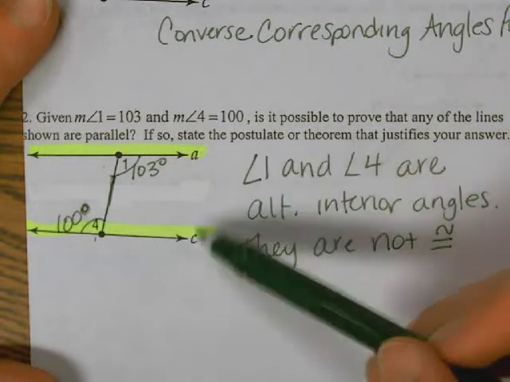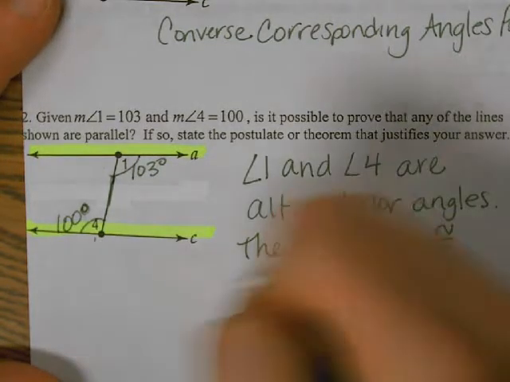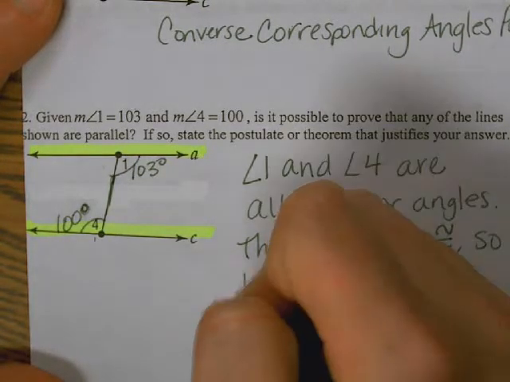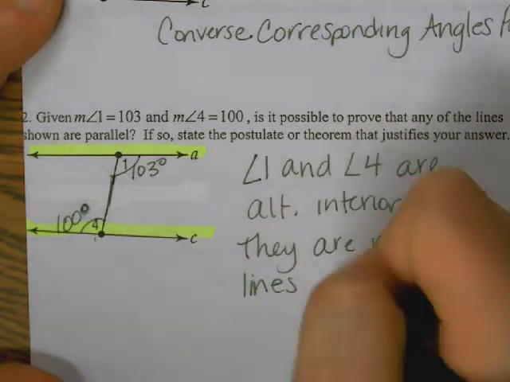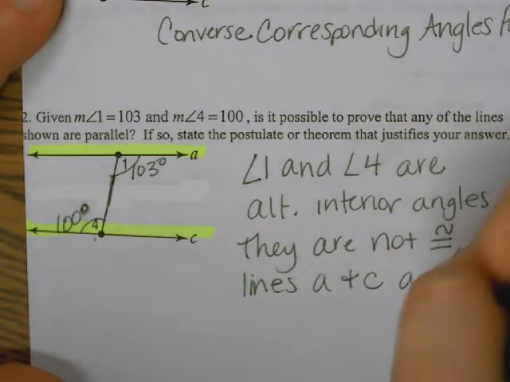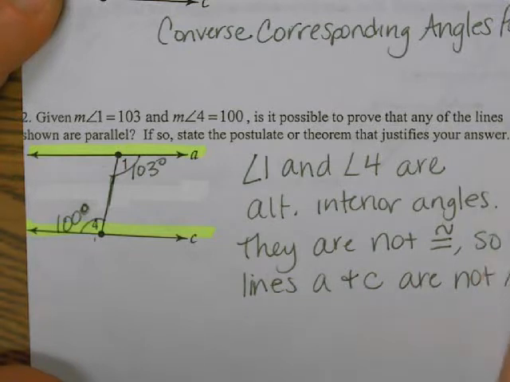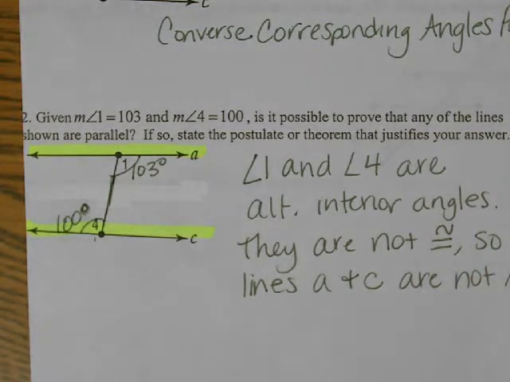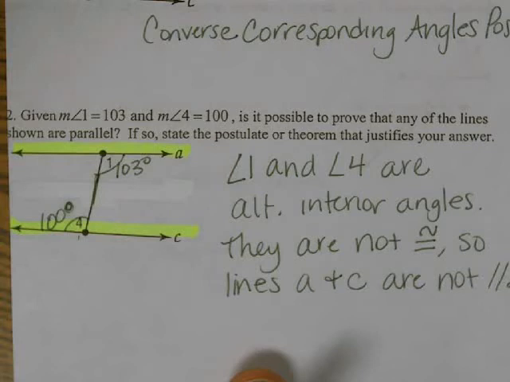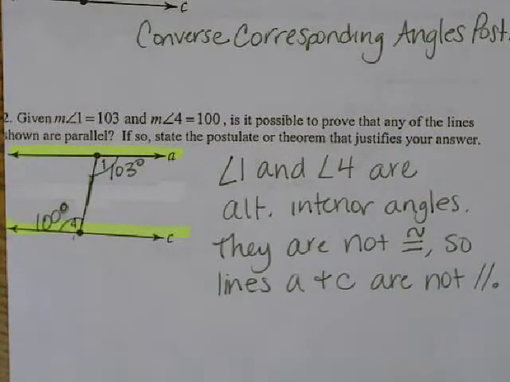So what can we say about lines A and C? They're not congruent, so lines A and C are not parallel.